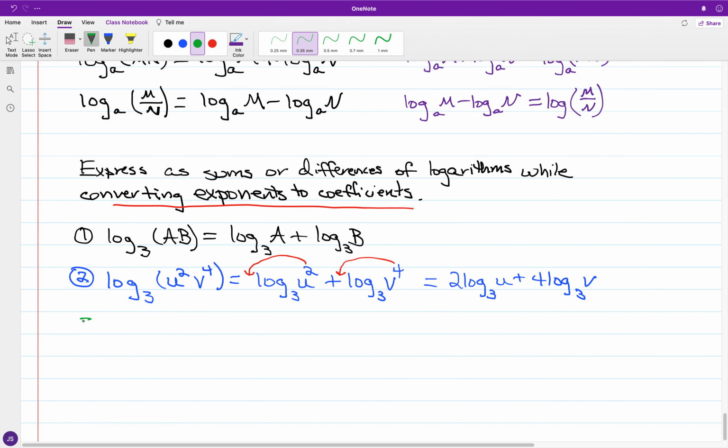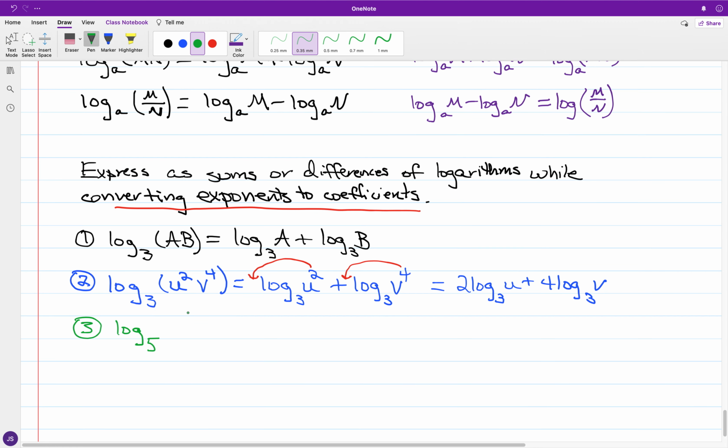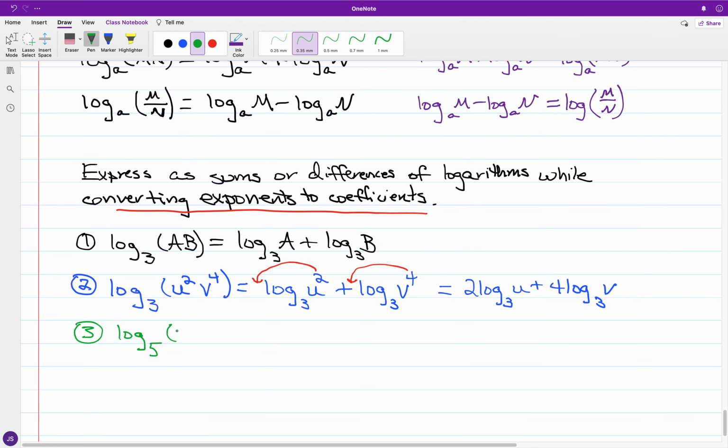Now here's another one. It's going to be a little bit different, but not drastically different. If I work with base 5, say the base 5 logarithm of 25 times x to the 9th.